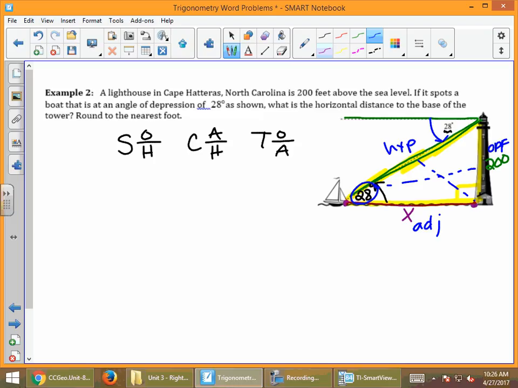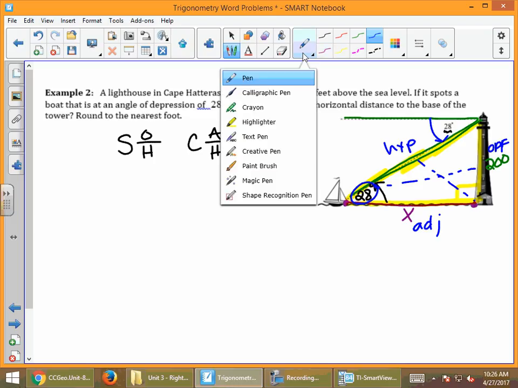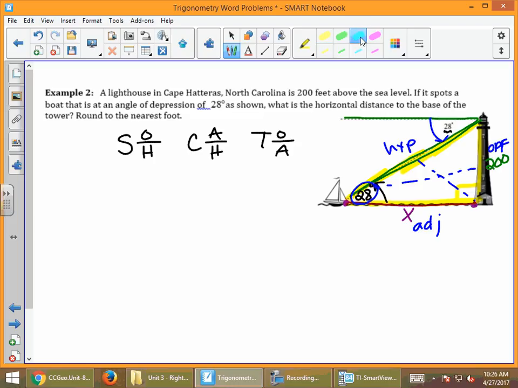Okay. Look at which side's giving you pieces of information. We look here. We have X. Here we have 200. And those two pieces are our opposite and our adjacent. So O and A. You look at SOHCAHTOA. Which one has our O and our A? That would be tangent. And finally get to use tangent. We didn't really see tangent much in the last section.